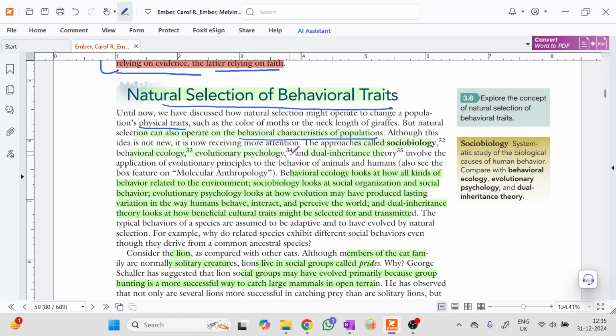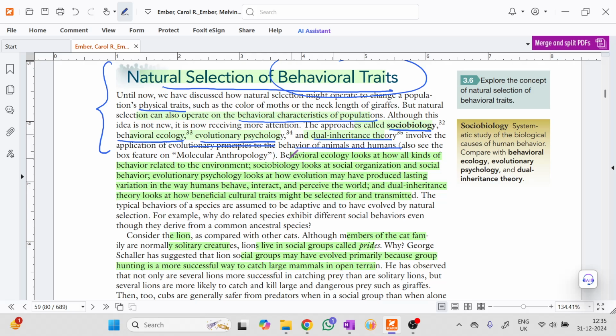Can they be inherited? The approaches called sociobiology, behavioral ecology, evolutionary psychology, and dual inheritance theory apply such evolutionary principles to the behavior of animals and humans to see if natural selection also acts on behavioral traits.